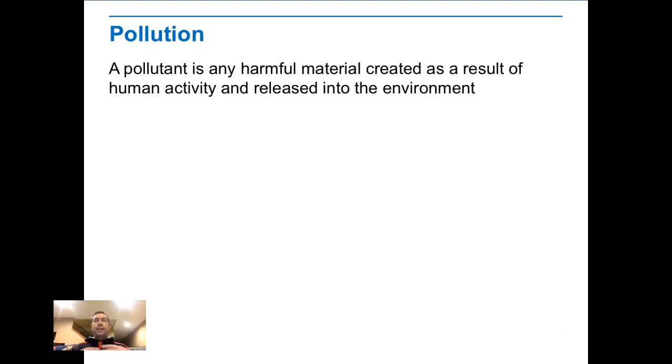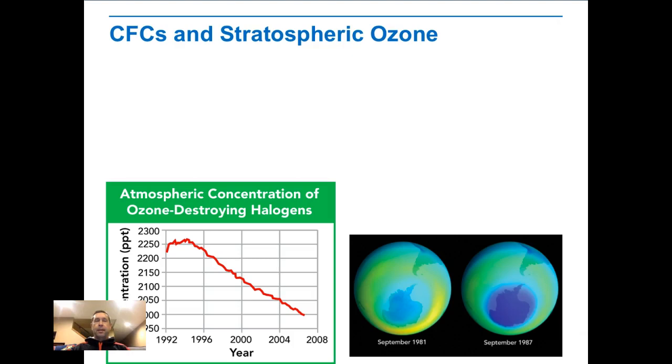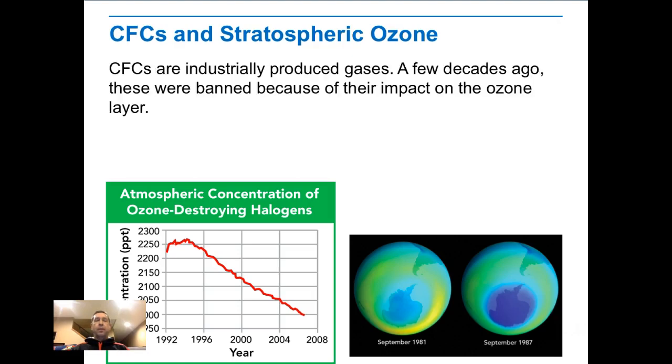Pollution. A pollutant is defined as any harmful material created as a result of human activity and released into the environment. CFCs, chlorofluorocarbons, and ozone. So the ozone is the layer of the atmosphere that blocks UV light, which can damage DNA and lead to problems. So the chemicals, chlorofluorocarbons, which are used in refrigerants and air conditioners, can get up into the atmosphere and destroy ozone.